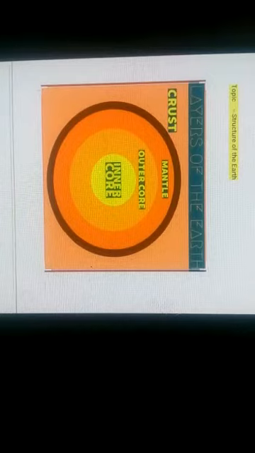Crust. Crust is the outermost layer of the earth. Actually, this is brittle in nature. The thickness of the crust varies under the oceanic and continental areas. Oceanic crust is thinner as compared to the continental crust.